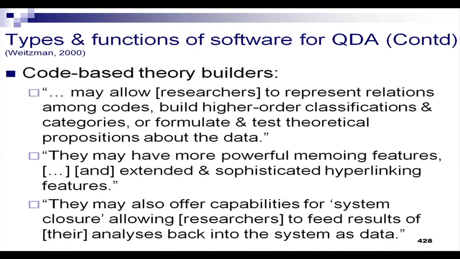So, they allow researchers to represent relations among codes, build higher order classifications and categories, or to formulate and test theoretical propositions about the data. They may have more powerful memoing features and extend the sophisticated and hyperlinking features. They may also offer capabilities for system closure, allowing researchers to feed results of their analyses back into the system as data and generate more linkages and develop theories and models.